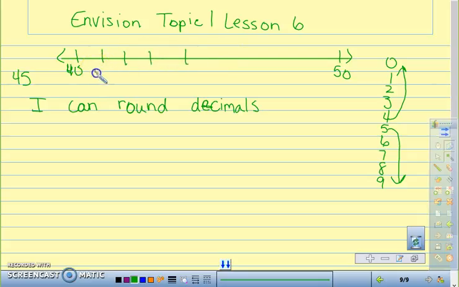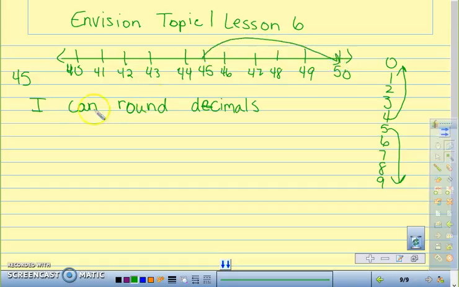So this would be 41, 42, 43, 44, 45, 46, 47, they're not spaced very good, but that's okay, 48, and 49. Now, if I looked at 45 on the number line, I would remember that when it's 5 or above, it rounds up. So I'm rounding up to 50.